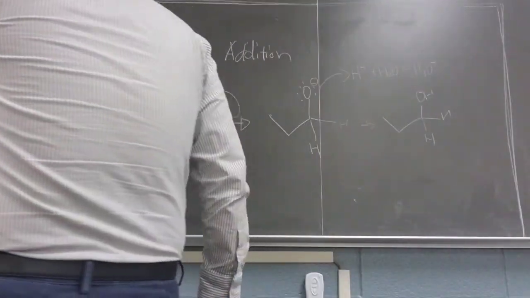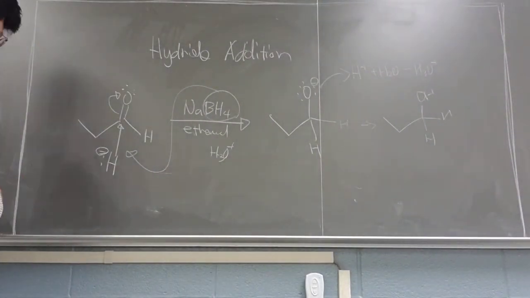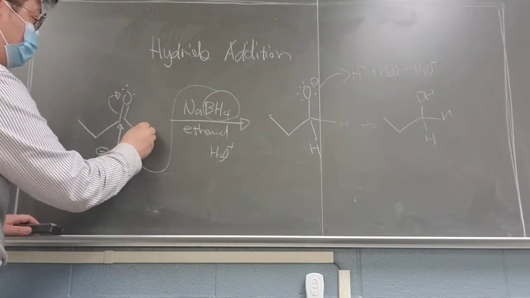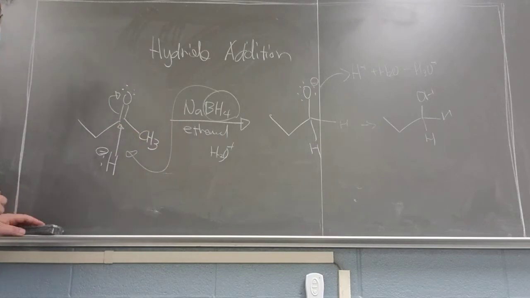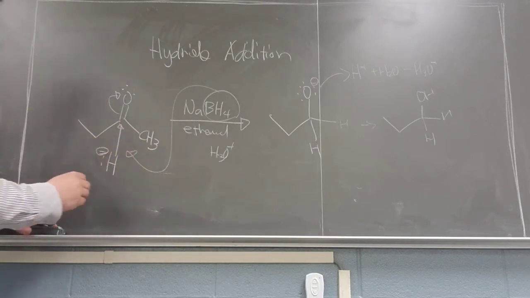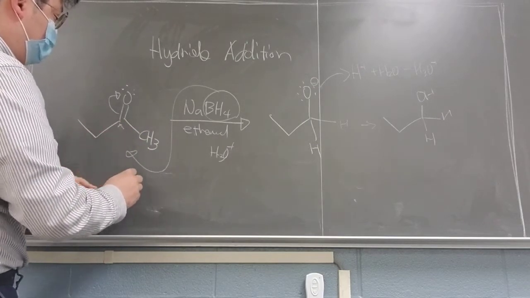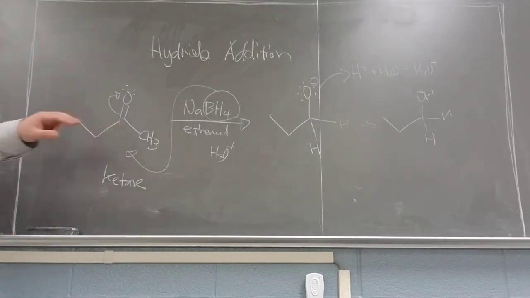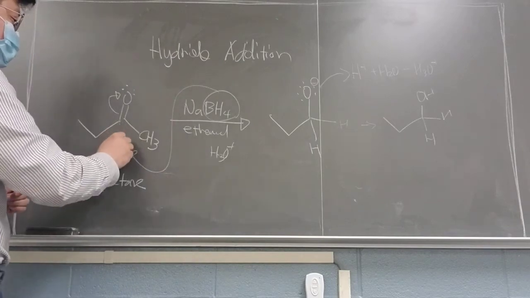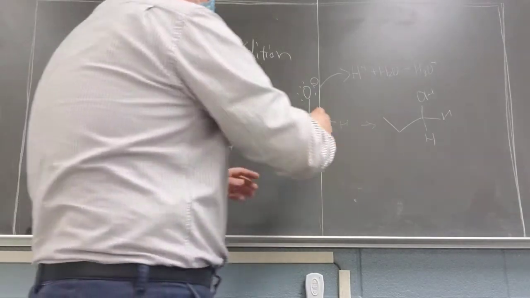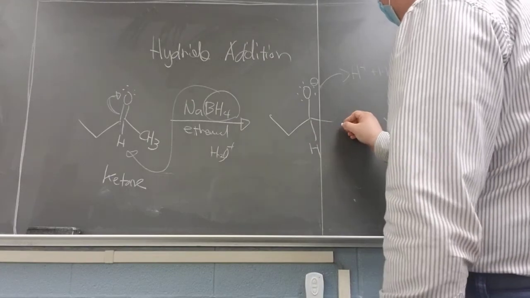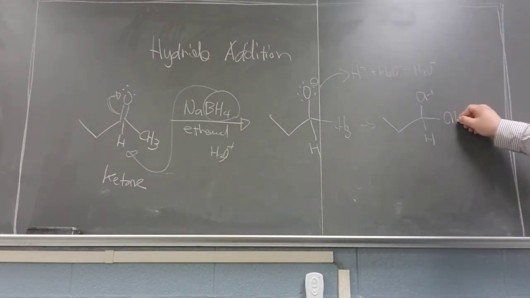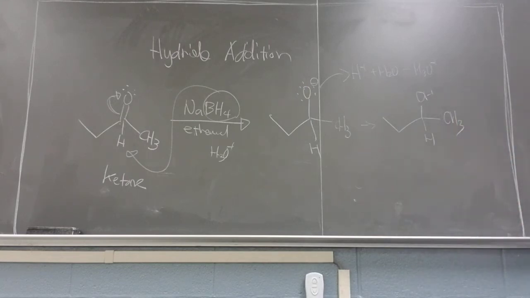In case you have the R group here, it will make a ketone, not an aldehyde. You do the same thing. The hydride will go there, and then you're going to have the secondary alcohol here.